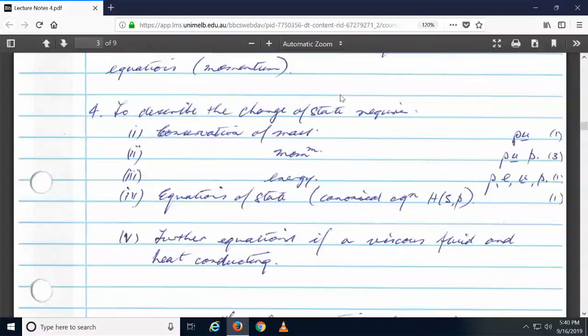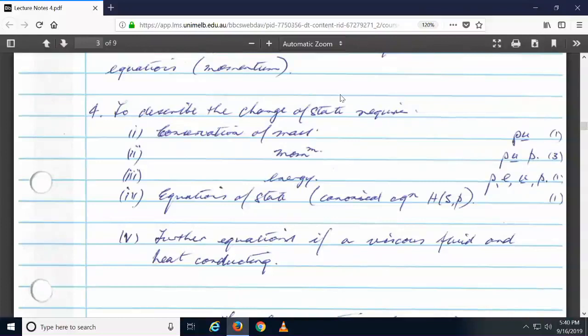And now if I have the momentum, even if it's an inviscid fluid, let's talk about an inviscid non-heat conducting fluid, the momentum requires the density, the velocity, and the pressure. And because it's written down for each component of the velocity, there are 3 momentum equations. And then the equation for energy involves the internal energy, the pressure, the velocity, and the density.